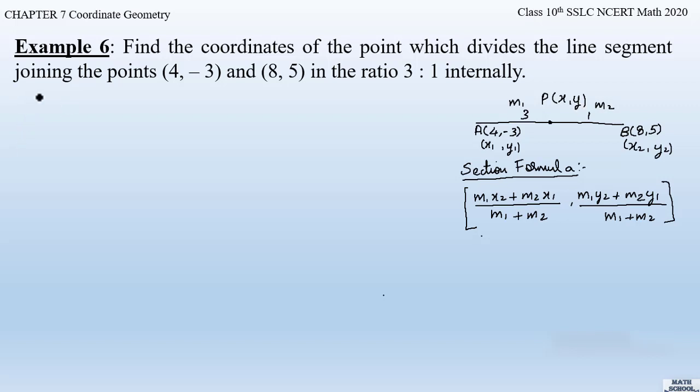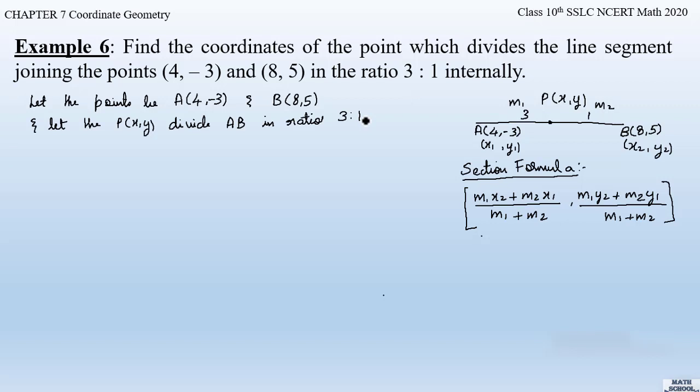So here let us first write down: let the given points be A and B. Point A is (4, -3) and point B is (8, 5), and let the point P(x, y) divide AB in the ratio 3:1 internally. Hence the coordinates of point P(x, y) can be found by using this section formula. Also m1 will be equal to 3 and m2 will be equal to 1 when you substitute.